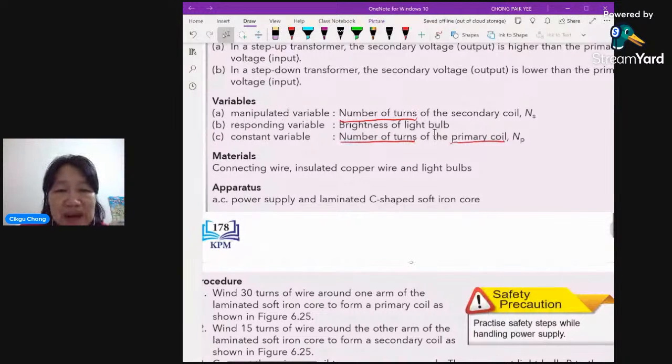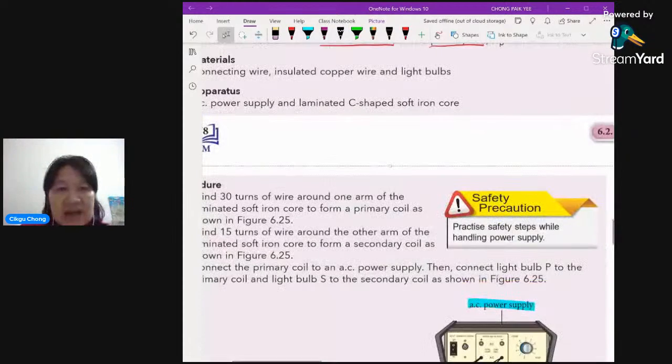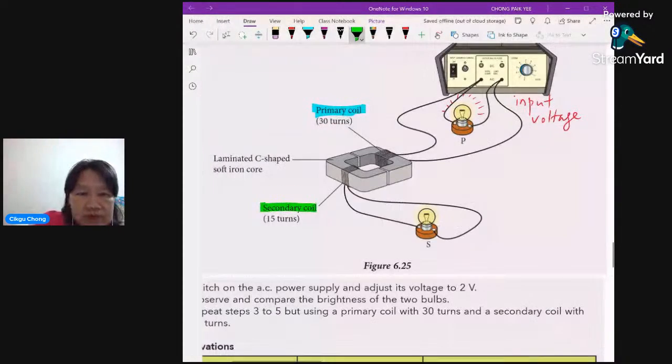The primary is the one that you fix. The primary, you fix it at 30. And then the secondary is on the other side. So secondary coil, for the first experiment, you put 15, half of it. Primary, you put 30 coils. You see the secondary coil, you see fewer coils, isn't it?